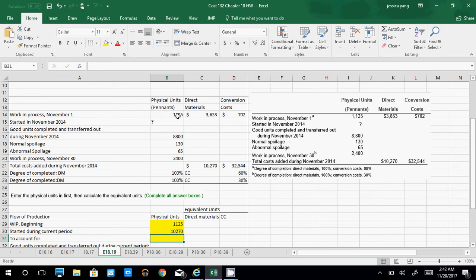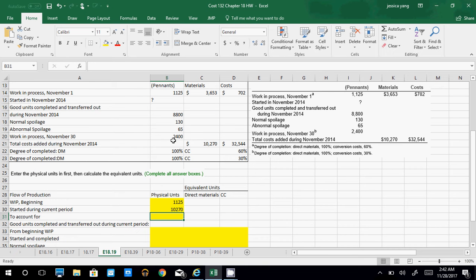This gives us a total of 10,270 units started during the current period.